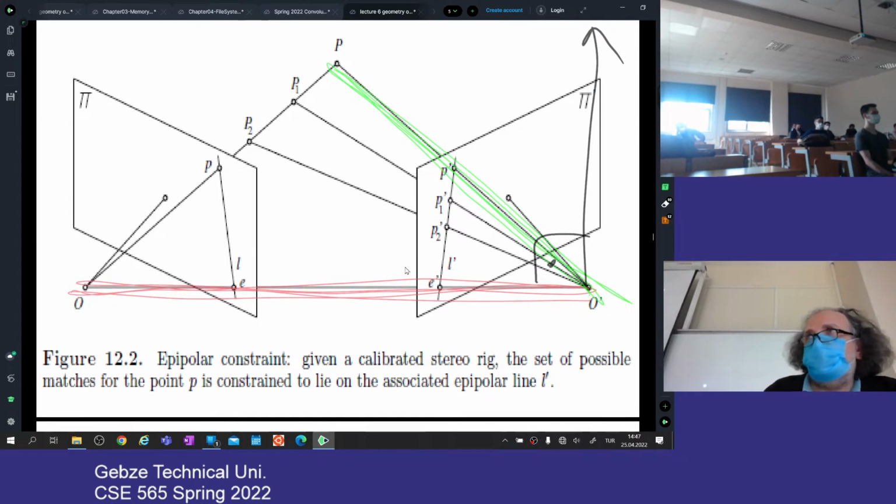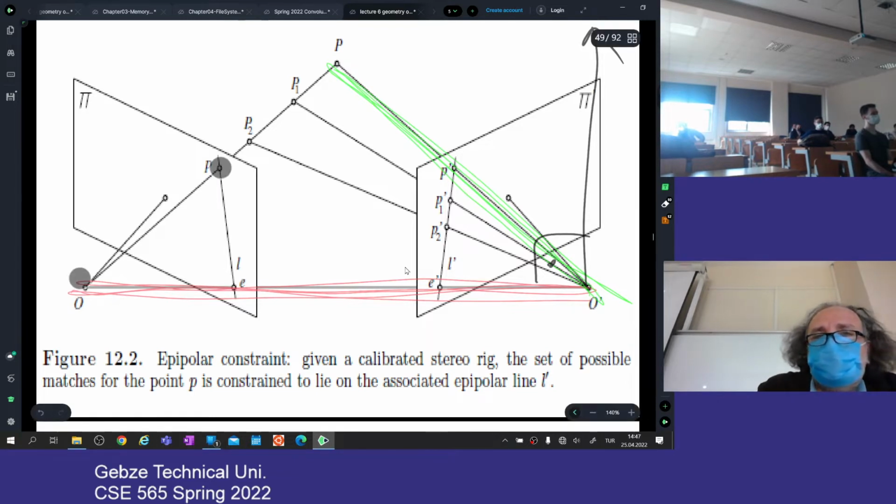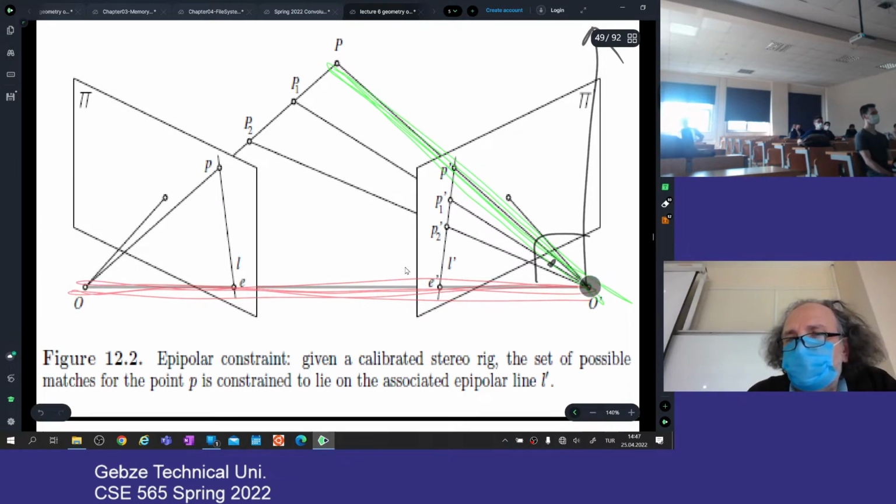So P has 3 components, X, Y, and Z components. Its Z component is F. It is still a three-dimensional point. So it is just P. Okay, so if this is 0, 0, 0, this is P. If this is 0, 0, 0, this is P prime. Okay, I know that. So in this case, O prime, P prime is P prime.